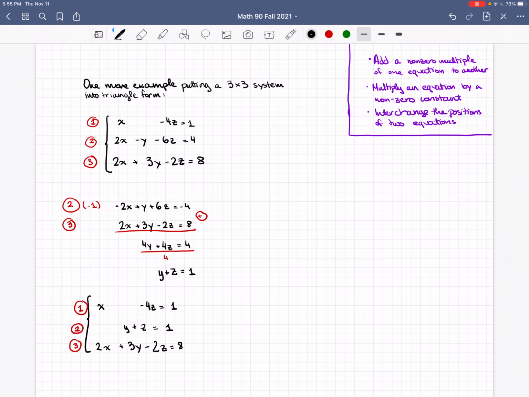Okay, so here we go. I'm going to take the first equation times -2, and I'm going to add that to the third equation.